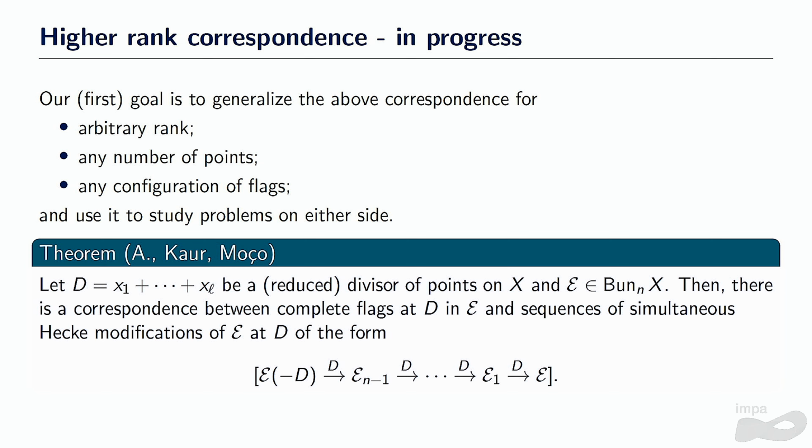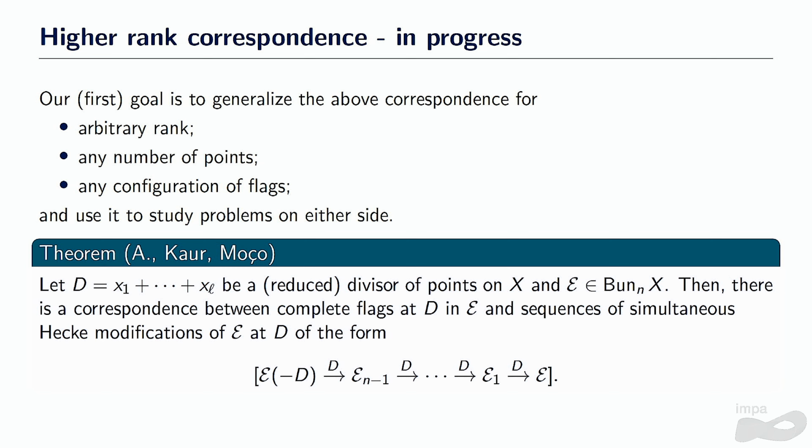You mean whether the order is important or not? Just at one point, you have several choices of different flags. Yes, we do. You have the choice of the position of the kernel in the fiber. And you are denoting all these possible choices by one letter. I'm just trying to understand.